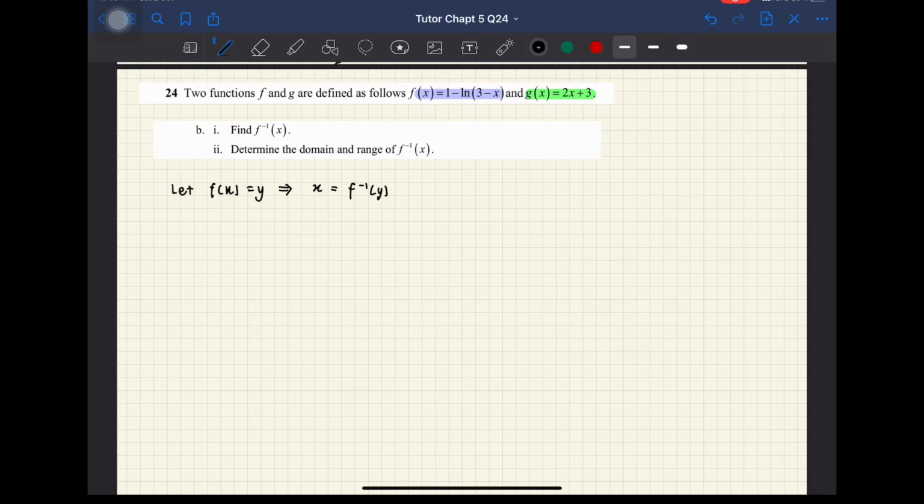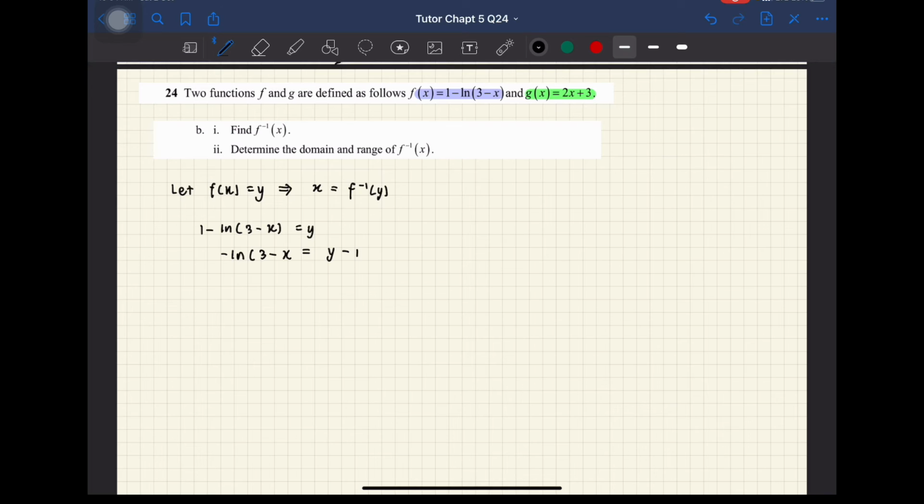So substitutekan sahaja fx awak. So awak ada 1 minus ln 3 minus x. Okay, and then equal it with y. So awak akan dapat negative ln 3 minus x is equal to y minus 1.